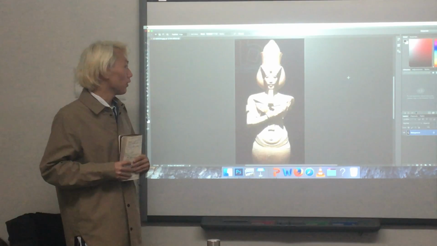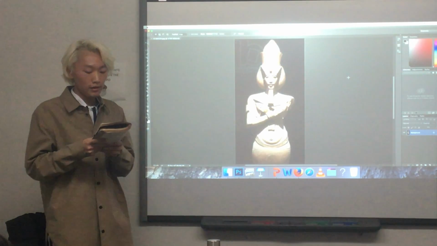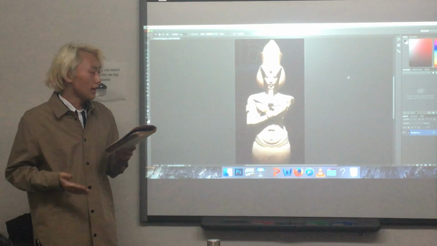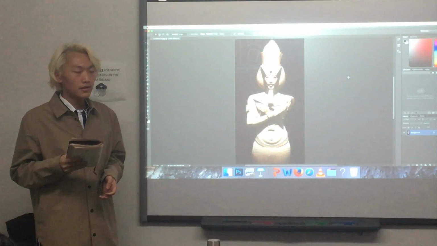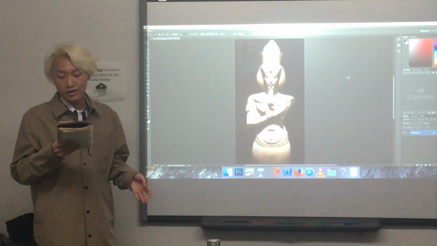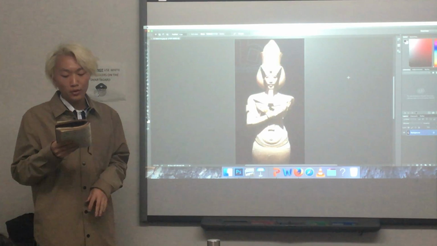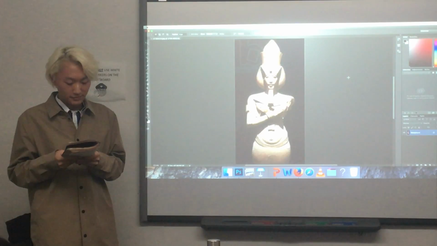What's also really different is his face. He has a really long face, full lips and heavy-lidded eyes, which is nothing like the other heroically portrayed figures in other pharaoh statues.